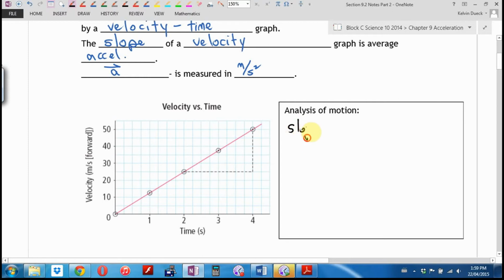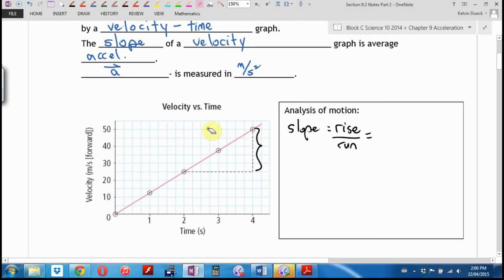Slope is what over what? Rise. We'll write that in our notes. Over run, just to reinforce that. And I even drew a little slope triangle, the little dotted line. The rise is that distance right there. How high?